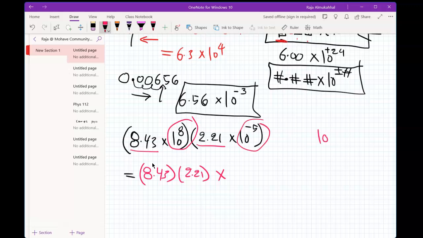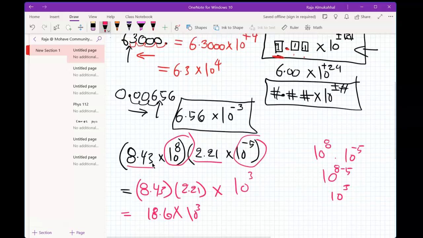As you know, 10 to the 8 times 10 to the negative 5 is 10 to the 8 minus 5, so that will be 10 to the third. You see what I'm saying? So all I need to do now is use a calculator. When I do that, I will get 18.6 times 10 to the third. I can finish here and that will be good enough.